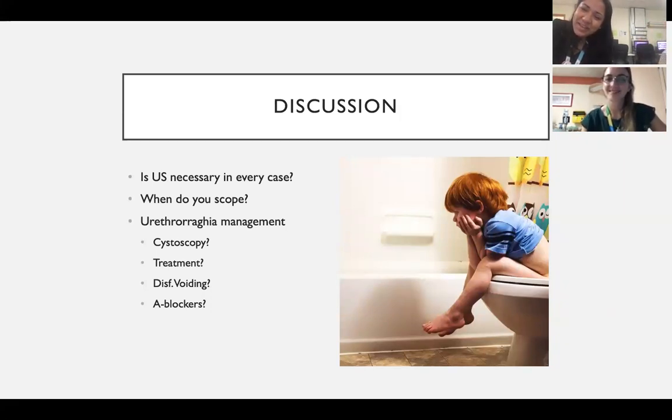So the cysto in that case helps you confirm that there are inflammatory changes in the posterior urethra. And we're assuming that this is a child that has no comorbidities, right? It's completely different in somebody who's, say, immunocompromised, and then you think about viral things, and you go down a completely different pathway. But it's a completely normal child.